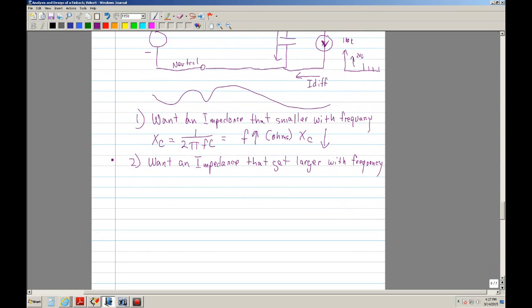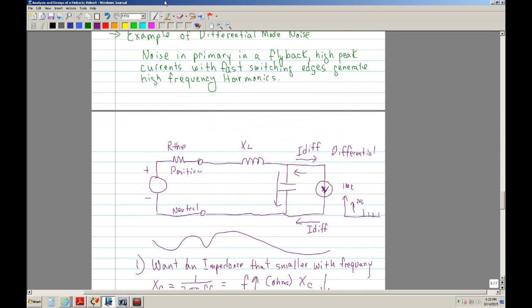Okay, so let's think of that. So an L is 2 pi FL. So as your frequency goes up, the X of C goes up as well. Okay, so in this case, let me go ahead and F sub C goes higher.